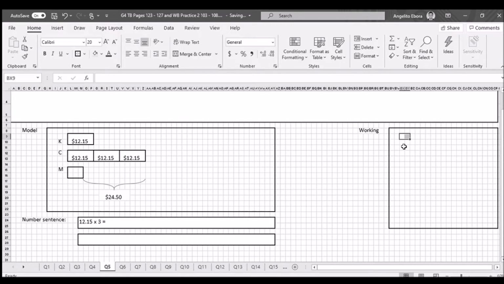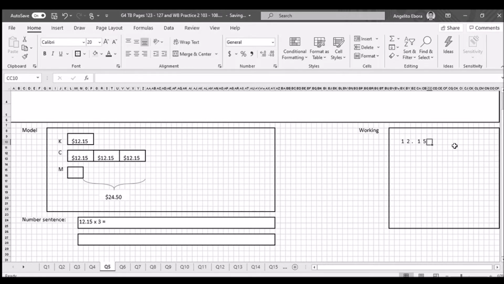Okay, so $12.15 multiplied by 3. So 5 times 3 is 15. Regroup. So 3 times 1 is 3 plus 1 is 4.